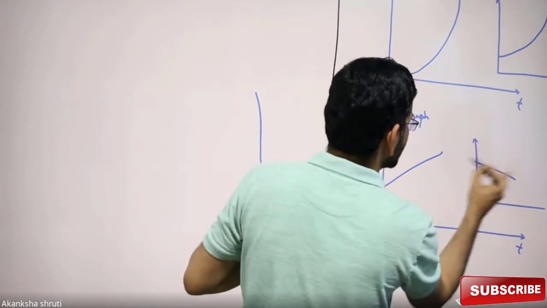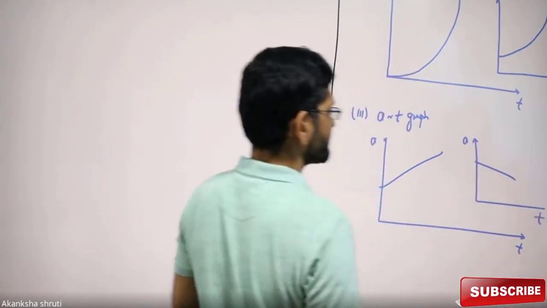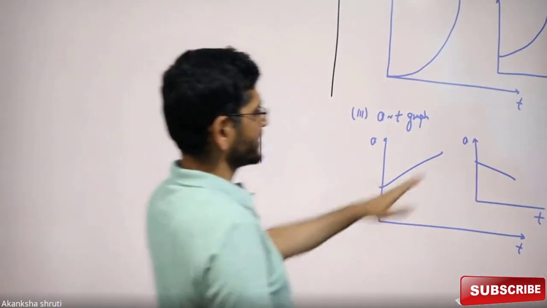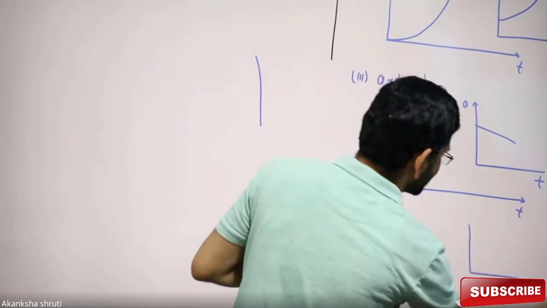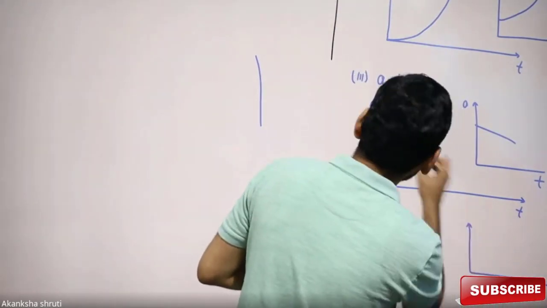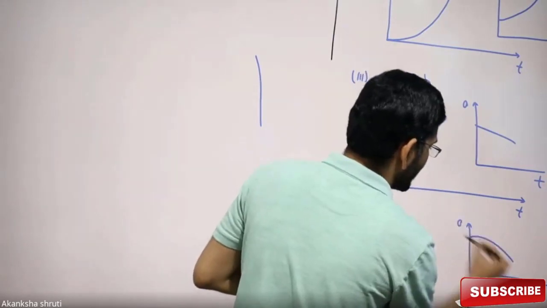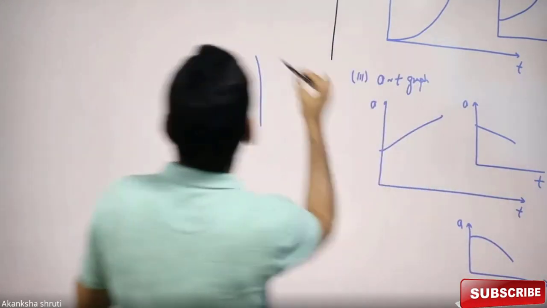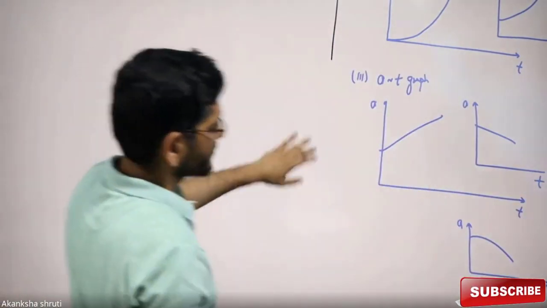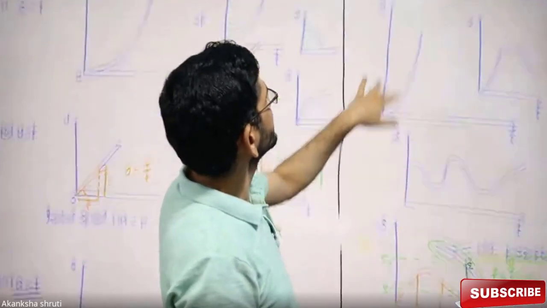It is for the retardation. Even it is also possible that this acceleration may not be a straight line. That may also be like this one. So such a motion or such a graph where acceleration is not constant is non-uniform motion.